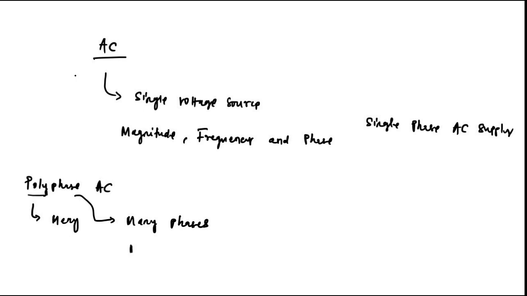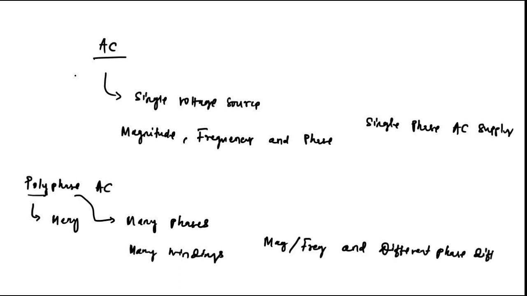It consists of many windings or conductors in the AC generator or alternator, which produces multiple voltages of a particular magnitude and frequency, and different phase angle differences with respect to each other.